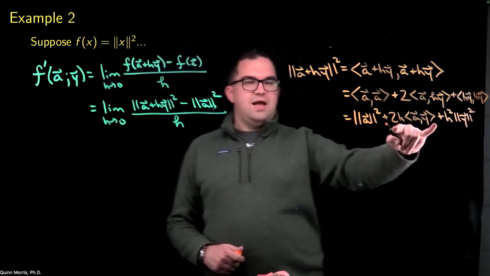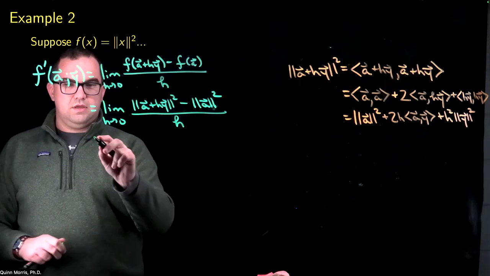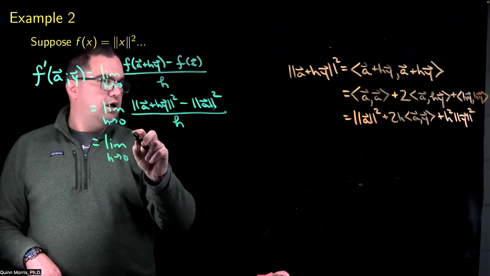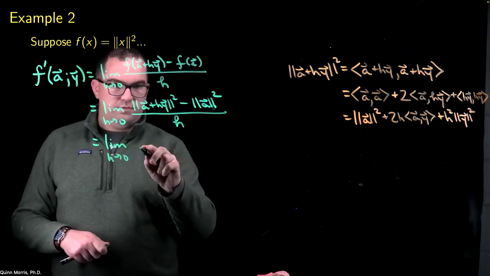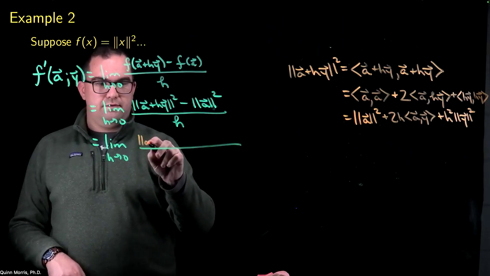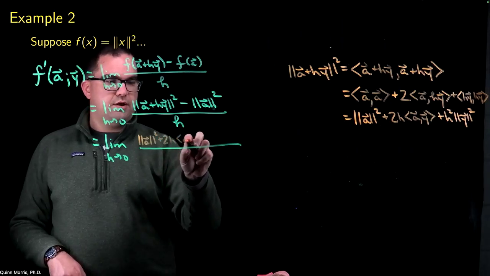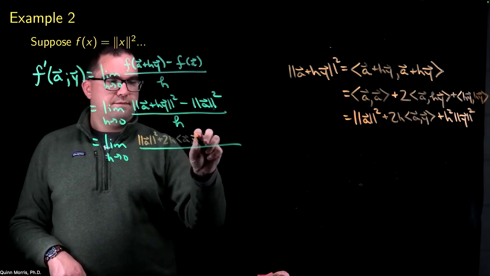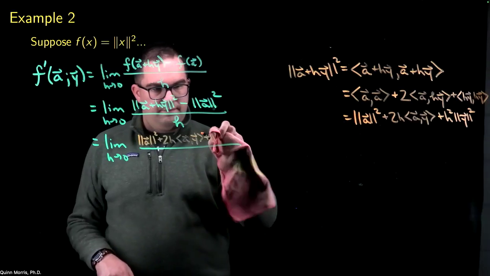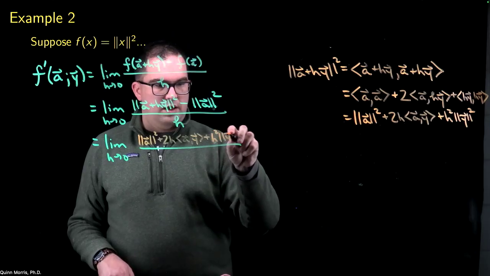So I now have a nicer expression that I can plug in here. Now this becomes the limit as h goes to 0 of, this first piece now becomes norm of a squared plus 2h times the inner product of a with y plus h squared times the norm of y squared.